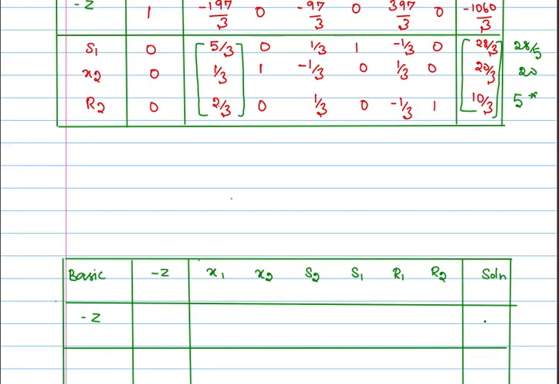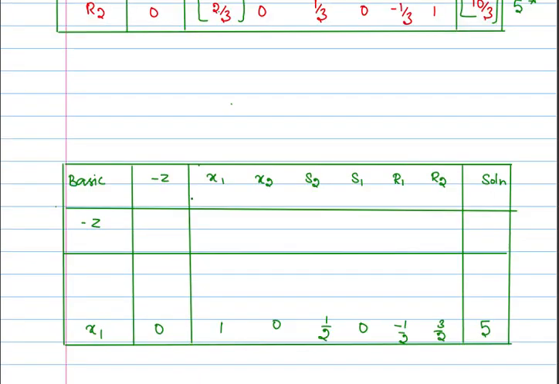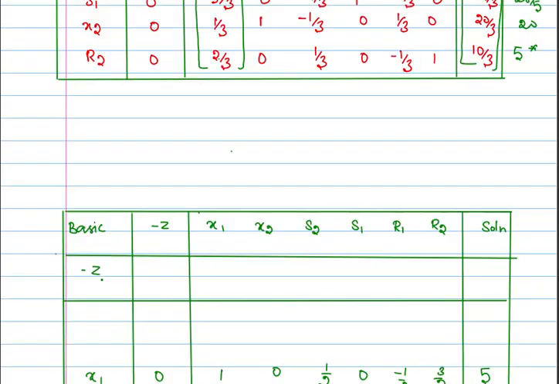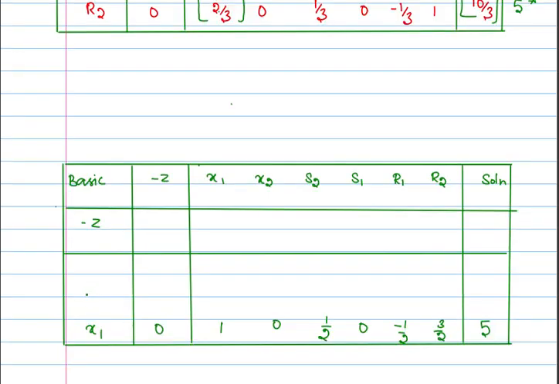Now apart from the last element, everything in this column must be 0 only. So here we get S2 and here is S1.